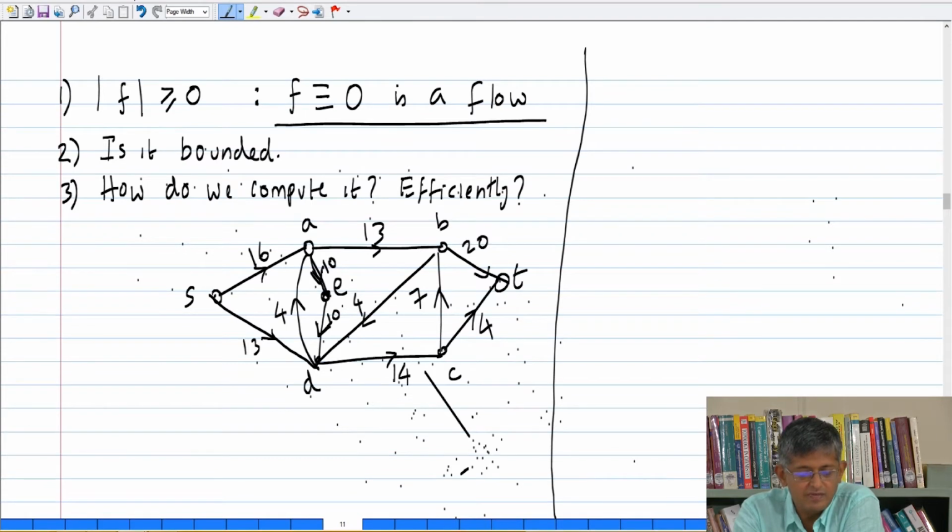There are 5 plus 2, 7 vertices, so there are 49 pairs. You must give me values for f of u comma v. It must satisfy those conditions of a flow. So can somebody give me values for f?